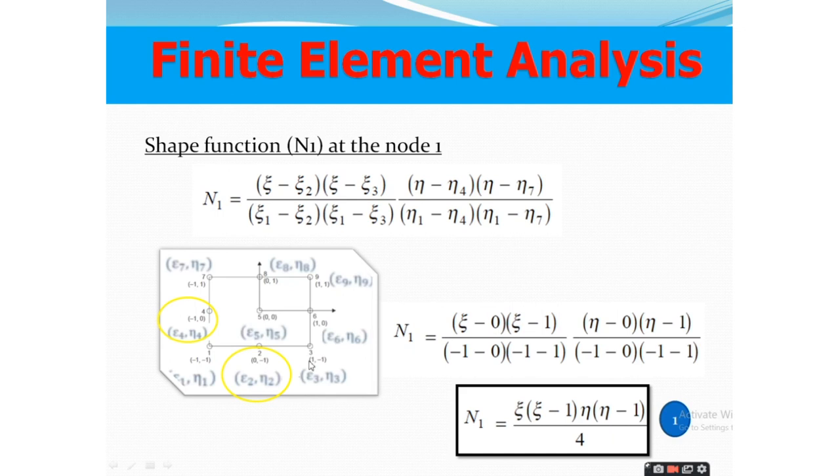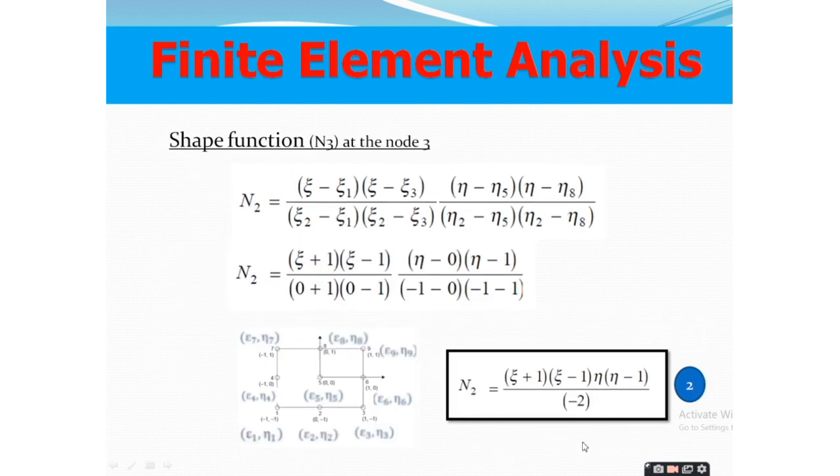Eta3 is 1, so the eta3 value is substituted here, and the eta1 value -1, the eta2 value 0, and the eta3 value -1. It's easily understood that once you substitute the values, you get the shape function as eta into (eta - 1), and psi into (psi - 1), by 4. This is a generic representation of the shape function.